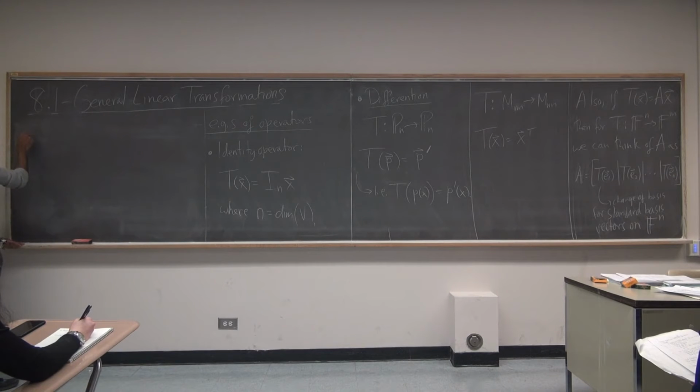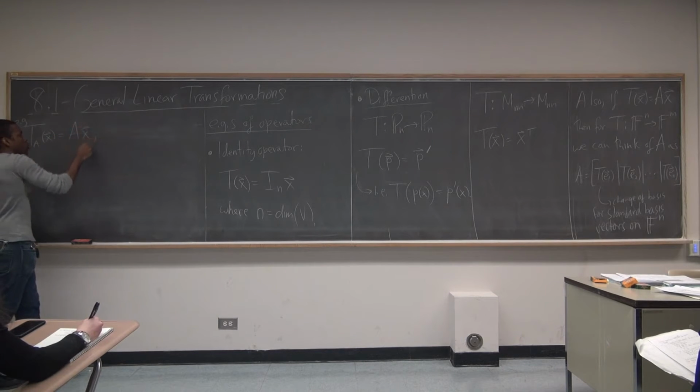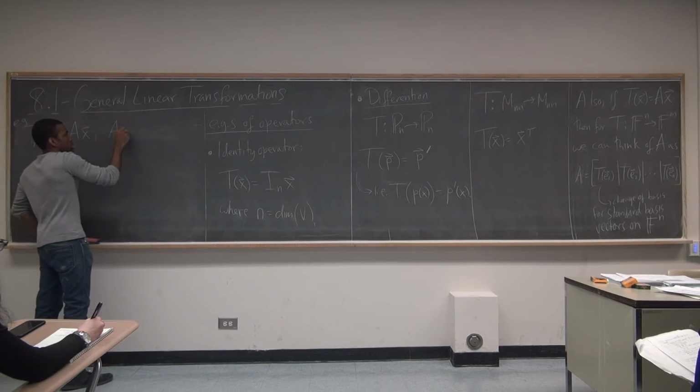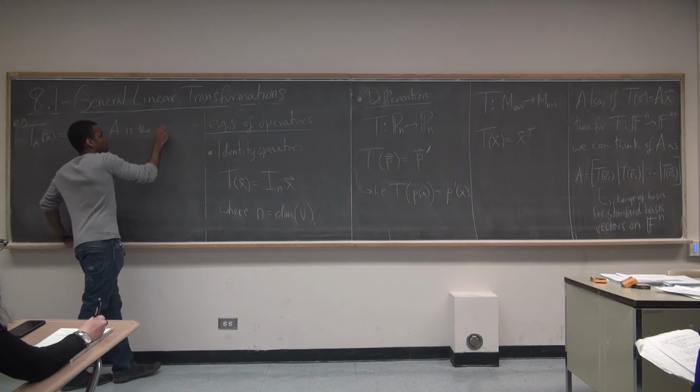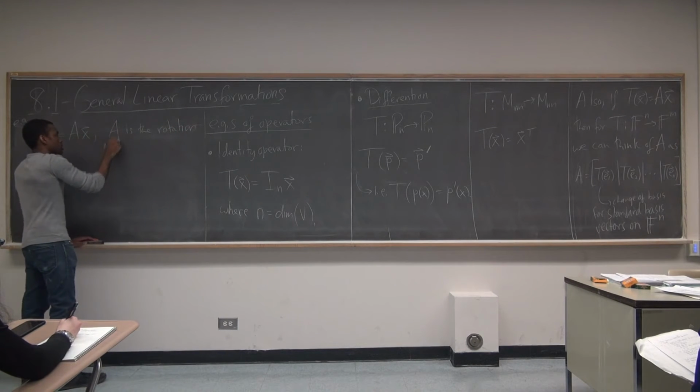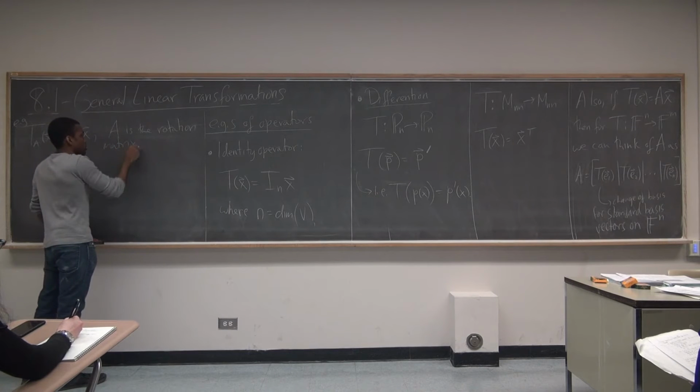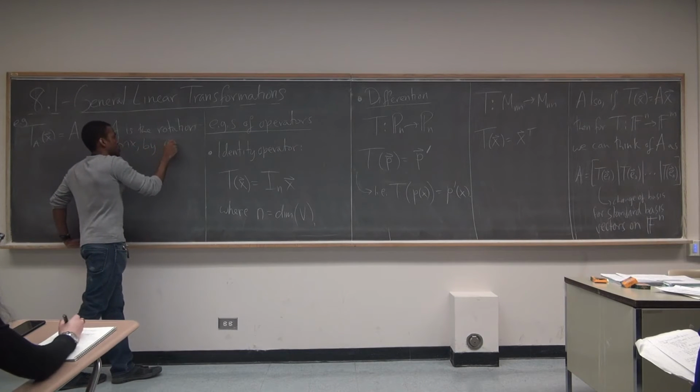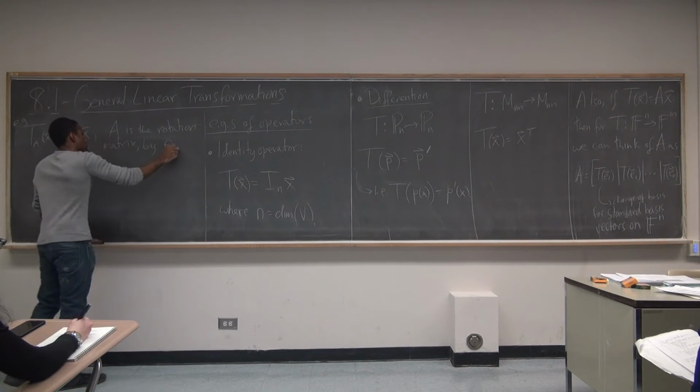You think of something like T of A of x, just another example, being Ax, where we wanted A to be the rotation matrix of theta, right?